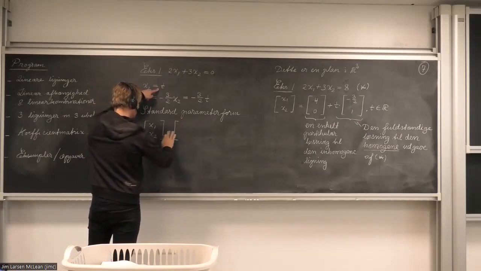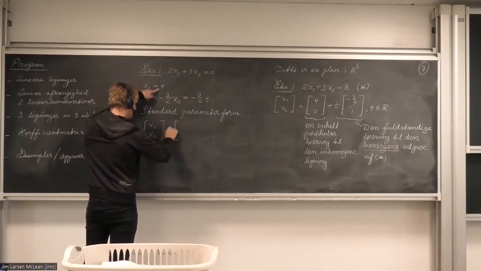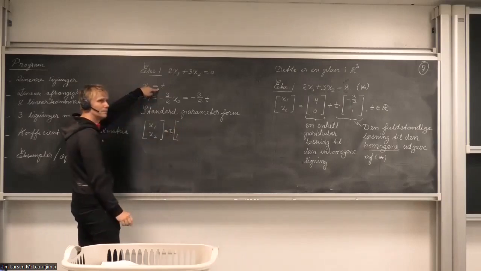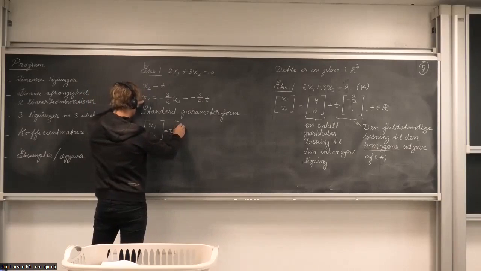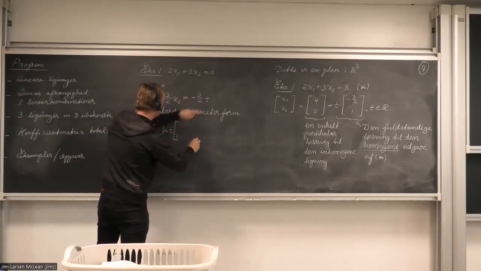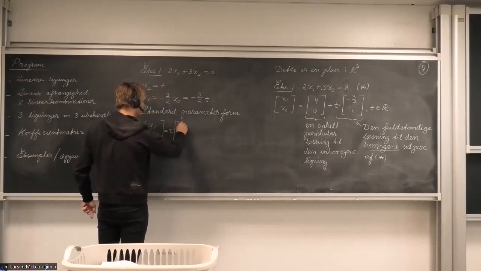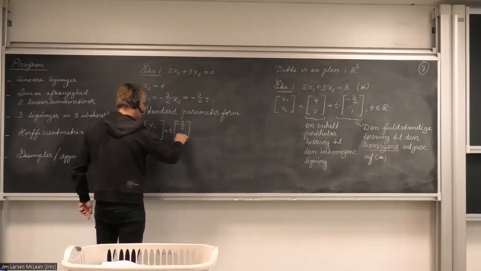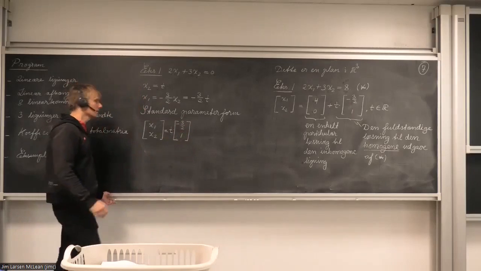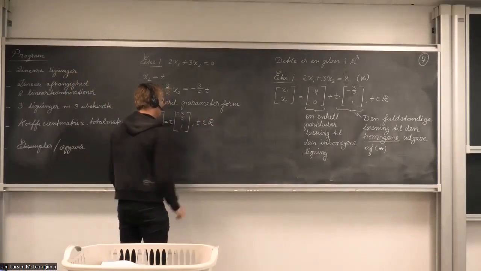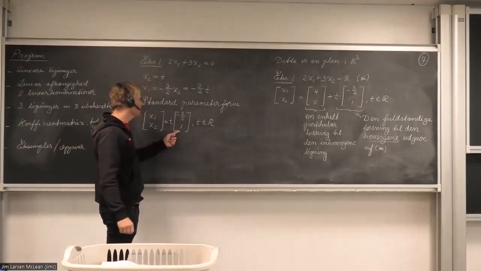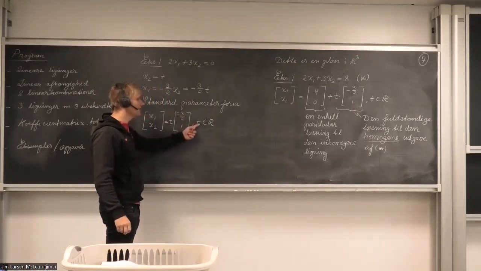Then it should just say t times a 1 there. And x1, what is it equal to? It's minus 3/2 t, so it should just say minus 3/2 here. Write it like that, so it's not too cramped. This is the solution, and t can be anything. So here are all the solutions, namely one solution for each selected value of t.